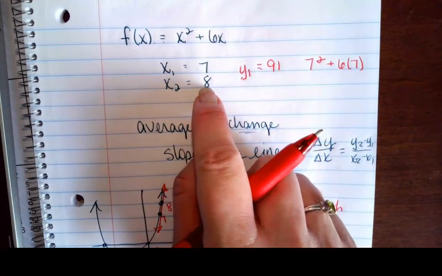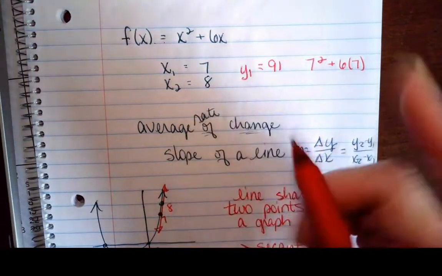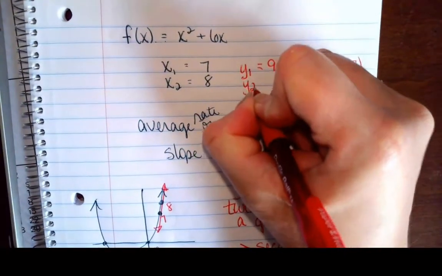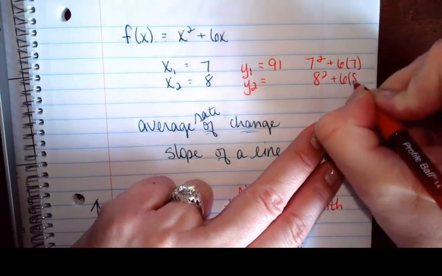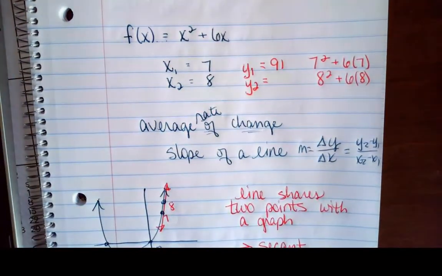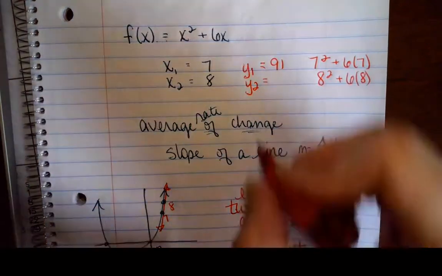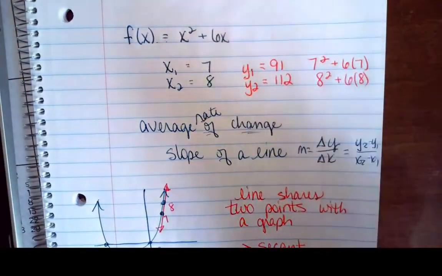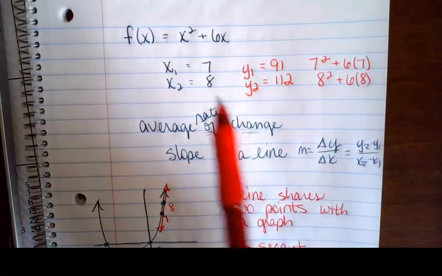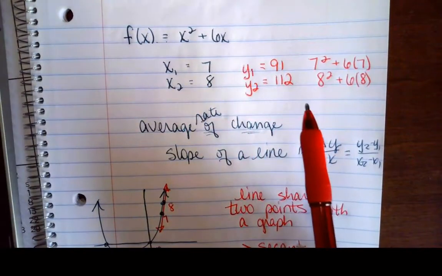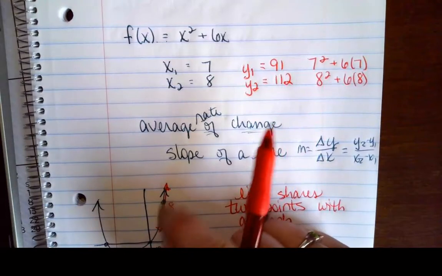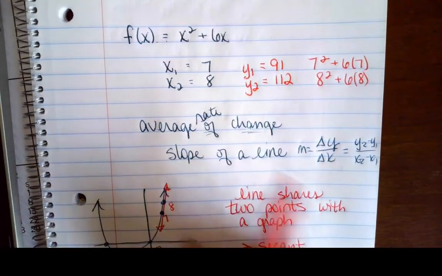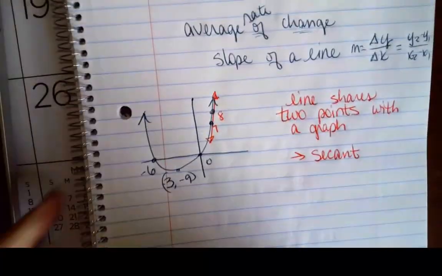If I evaluate my function at an x value of 8, that means I'm going to have 8 squared plus 6 times 8. So 64 and 48 gives me 112. And now you have your x1, y1, x2, y2, and you can find the average rate of change over this interval on your parabola. So we're going to go ahead and finish this out.